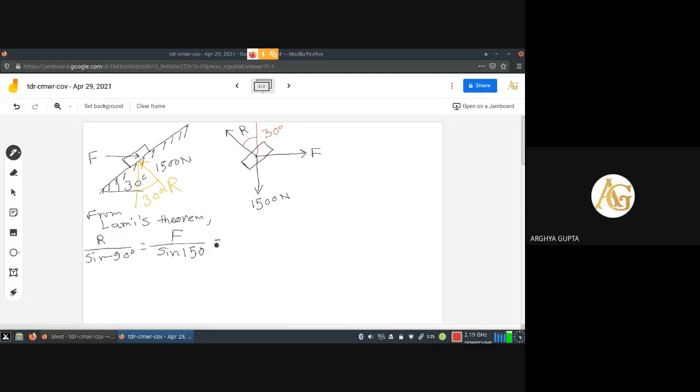Equals 1500 divided by sine of the angle between these two forces, so 90 plus 30, 120. And again this can be solved easily. So R is equal to 1732.